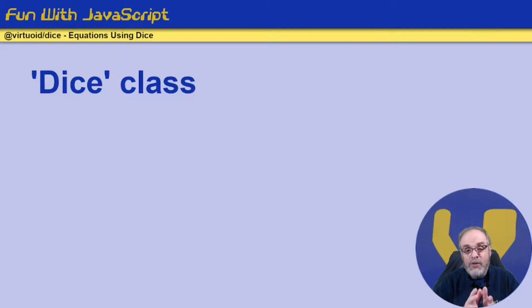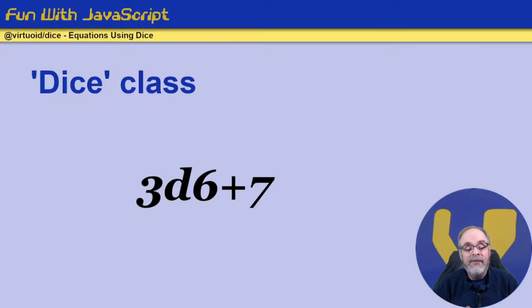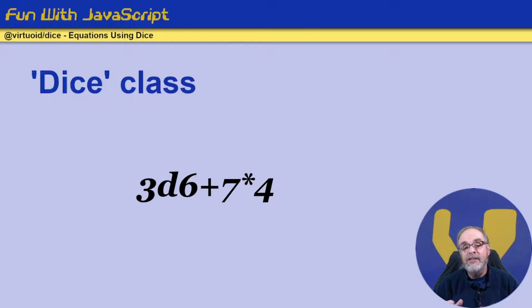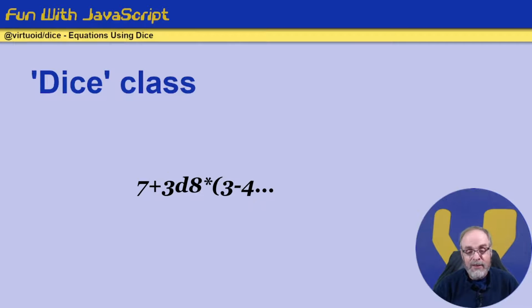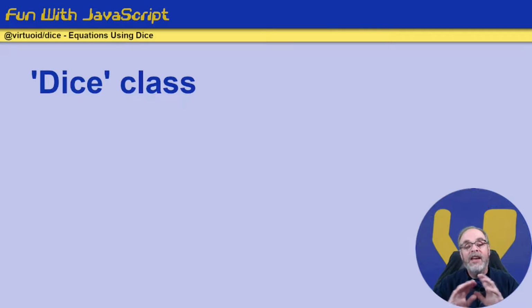Let's not just do the x d y. Let's do entire equations where we could say 3d6 plus 7, or 3d6 plus 7 times 4, or 7 plus 3d8 times parentheses 3 minus 4, and so on and so forth. That'd be fun. Let's do an entire equation out of it.